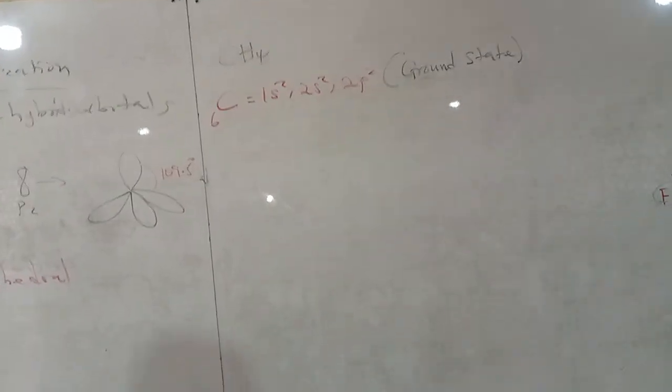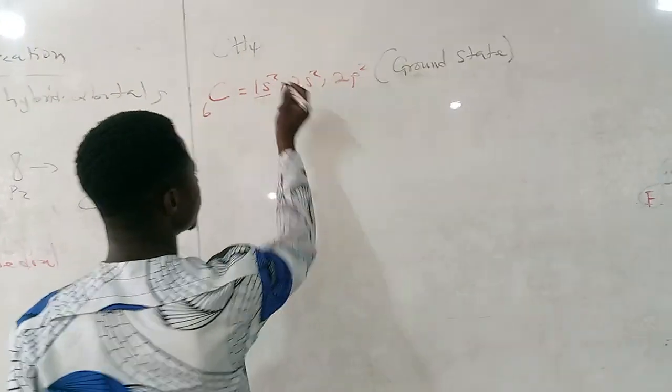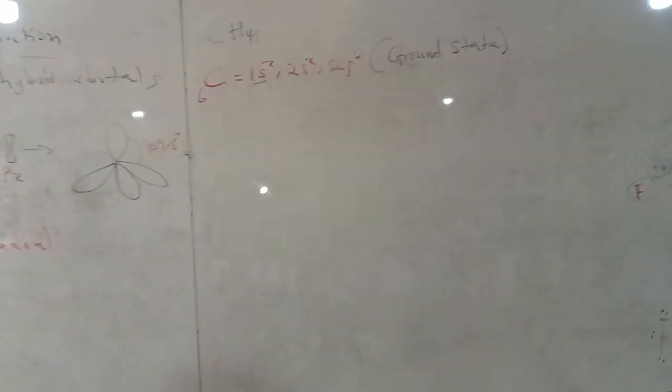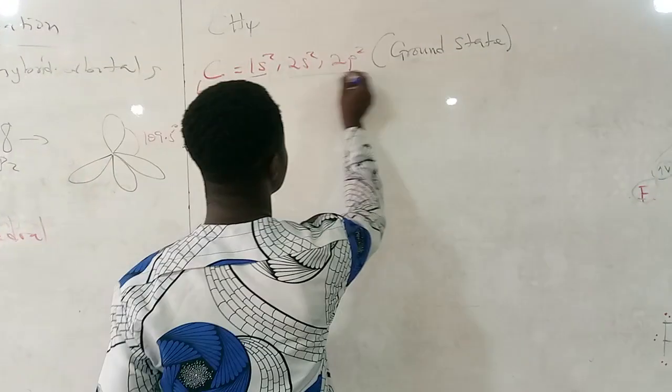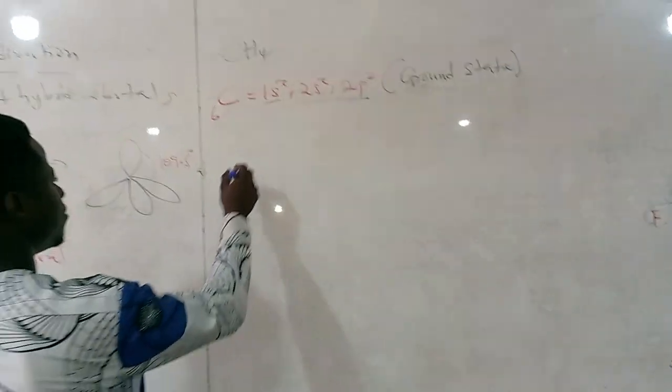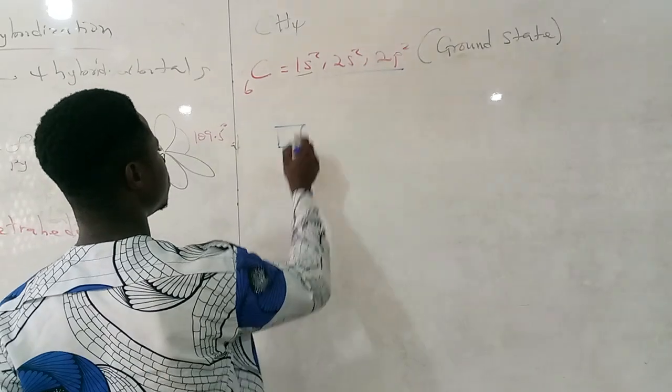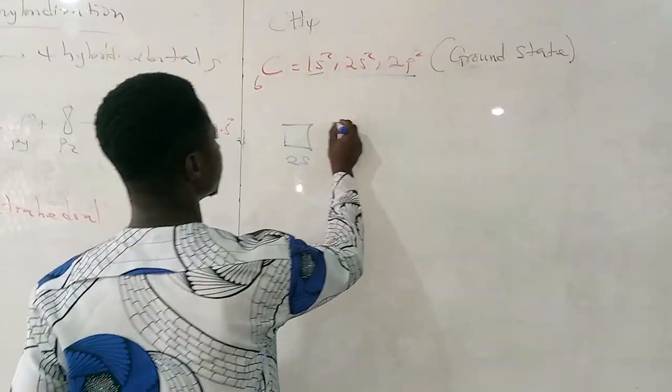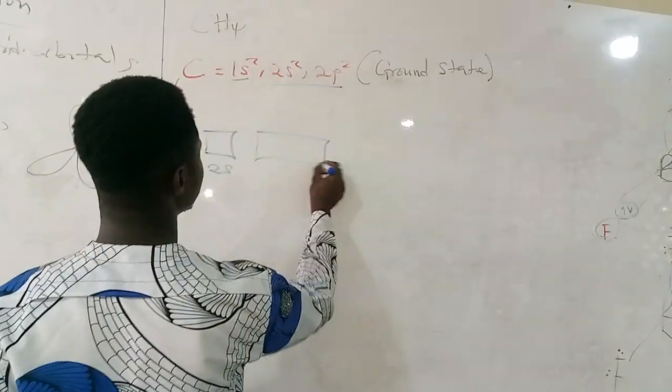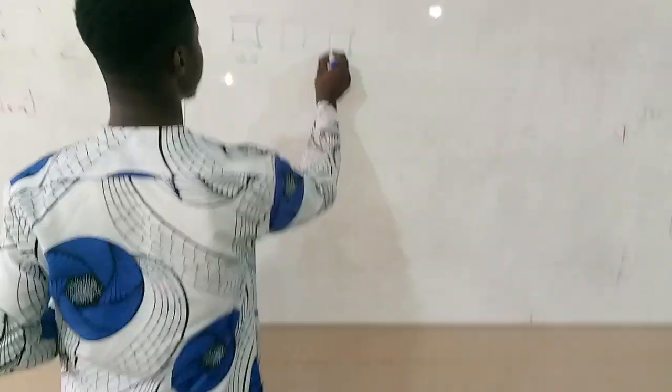Now let's excite this. We don't use the core electrons, so we concentrate on the outermost electrons, which we call the valence electrons. So we have the 2s, then 2p, which is a degenerate orbital.